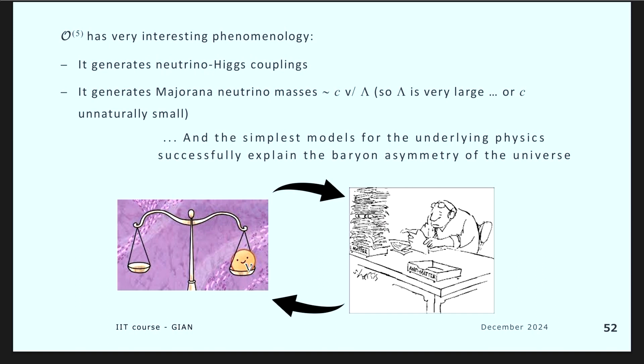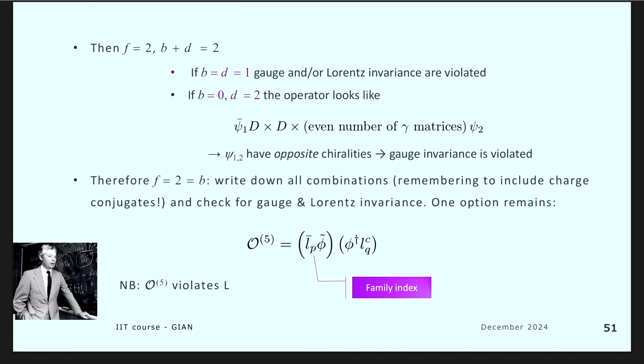And so it has a possibility of explaining the matter over antimatter abundance in the universe by a rather complicated mechanism. Very early in the universe, the physics that generates this operator generates a lepton asymmetry, that is, more leptons than anti-leptons.